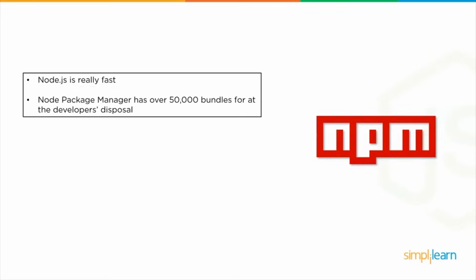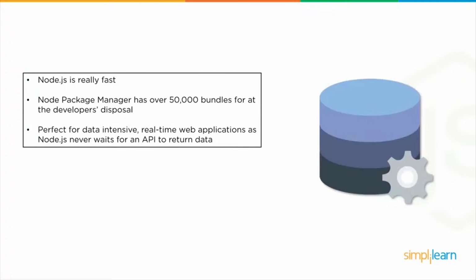Here are a few points. First up, Node.js is extremely fast. Being built on Google Chrome's V8 JavaScript engine, its library is extremely fast in code execution. Node Package Manager has around 50,000 bundles for developers, so whatever functionality is required for an application can be easily imported from NPM. All APIs of the Node.js library are asynchronous, that is, non-blocking.